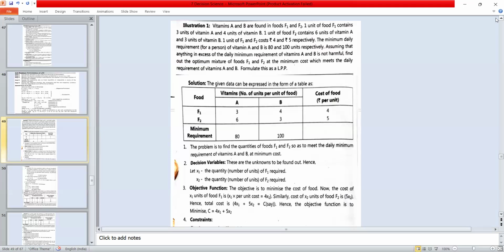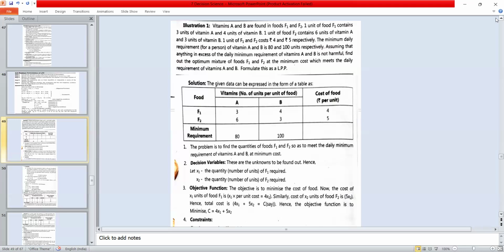So let X1 be the number of units of F1 required to meet the 80 vitamin A daily requirement and 100 vitamin B requirement. And X2, we assume, is the number of units of F2 required to fulfill 80 units of vitamin A and 100 units of vitamin B. So those are the decision variables X1 and X2.